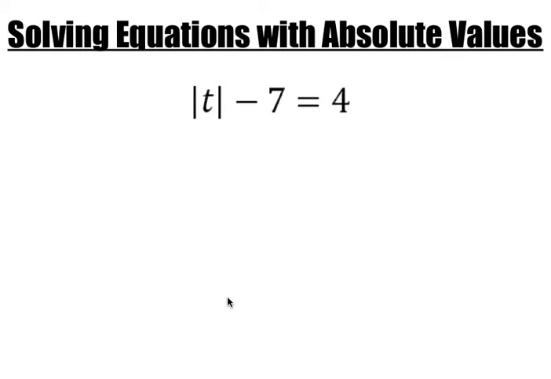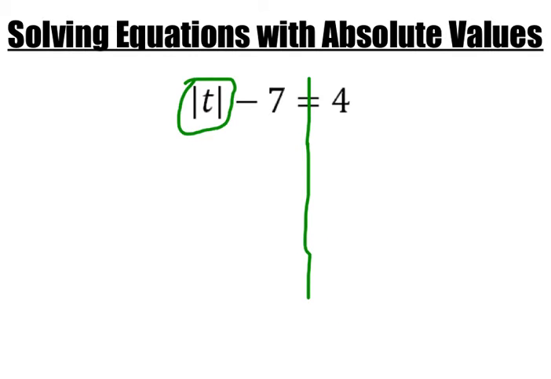So if we look at our first question here, this says the absolute value of t minus 7 equals 4. When you are solving an absolute value equation, you always need to isolate or get the absolute value by itself first. So in this case, that means I want to get this here by itself before we do anything else. So it is on the left-hand side of the equal sign along with negative 7.